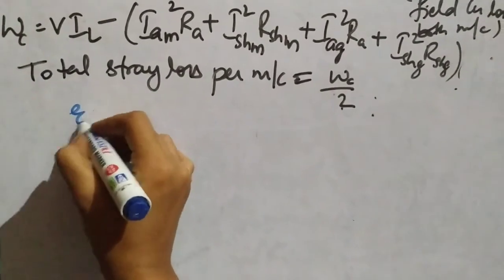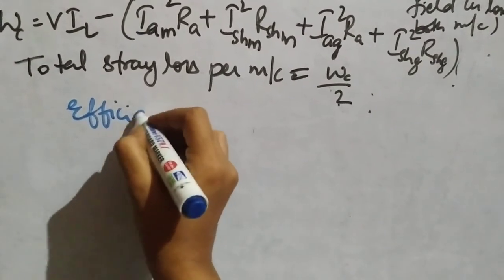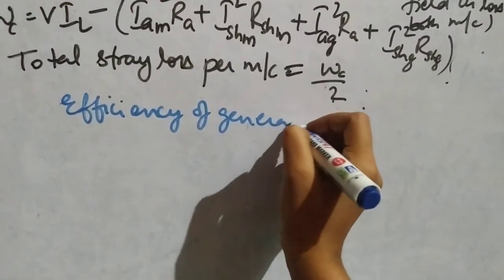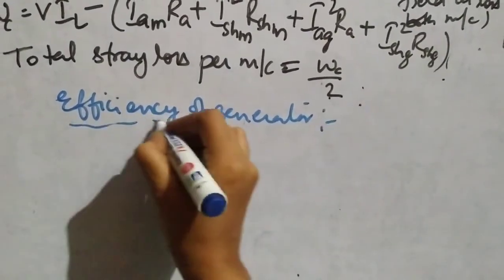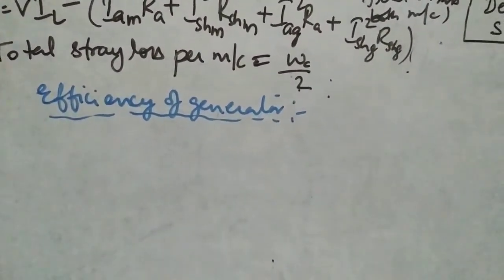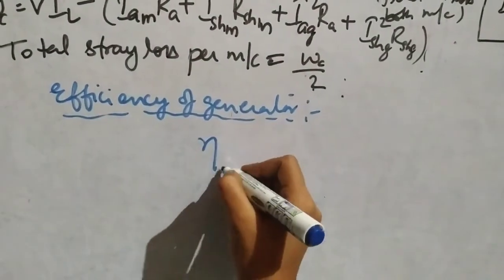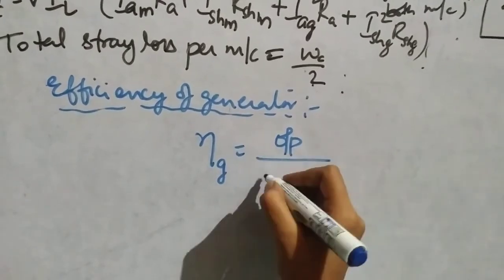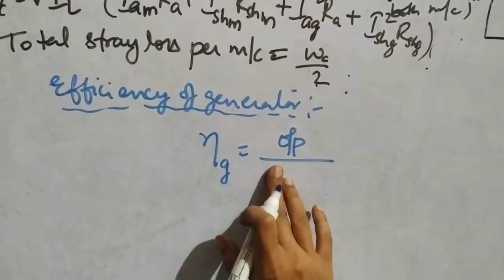We know the efficiency formula of a generator is the output power divided by input power.